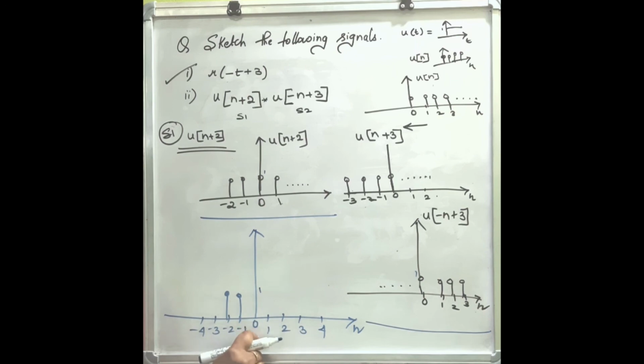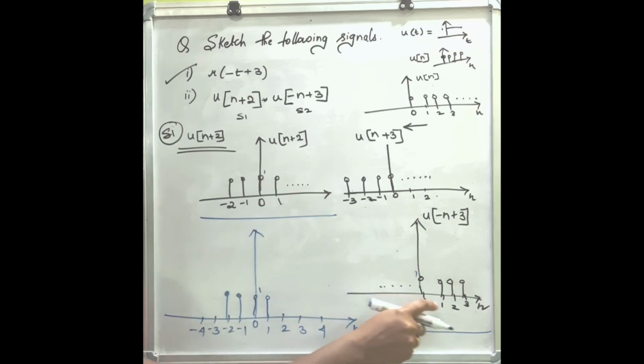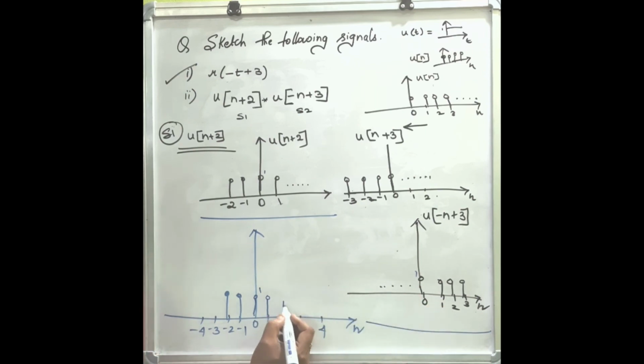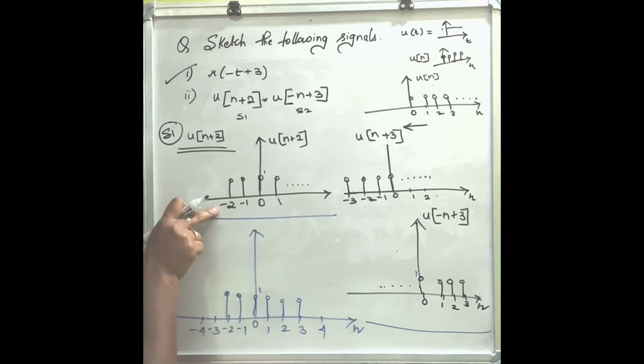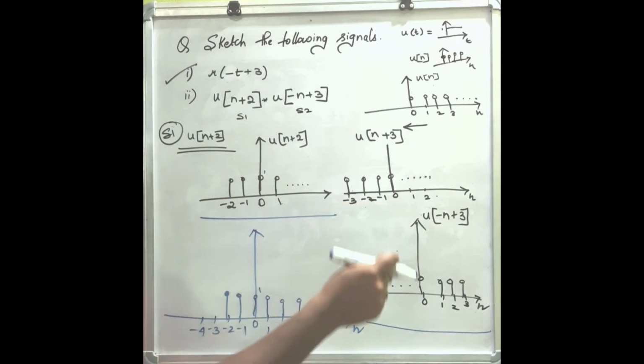So, at 0, 1 into 1, 1. At 1, 1 into 1. At 2, again. At 3, again. Okay, do not draw beyond this because we have only considered 4 instances from the starting, right?